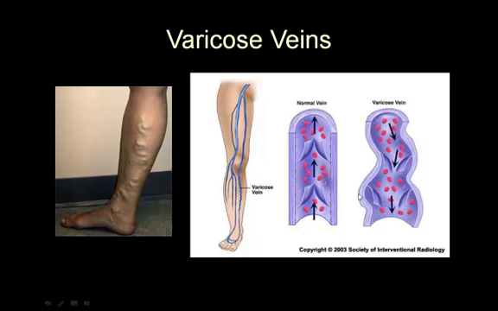In a varicose vein system, what you see is the vein architecture begins to collapse or break down, at which point the valve system no longer functions properly and the blood begins to backflow or pool in the vein. And that's what leads to this particular pattern of veins that you can see superficially now. And this can actually be corrected with laser ablation of these veins that ultimately are pooling the blood.